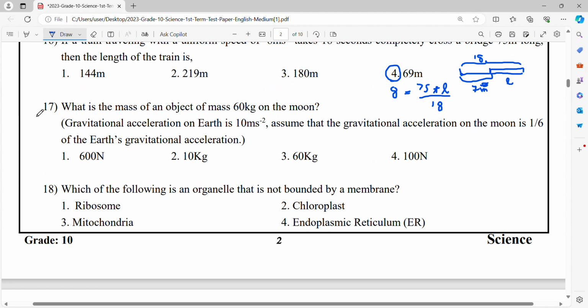Then let's go to question number 70. What is the mass of an object of mass 60 kg on the moon?